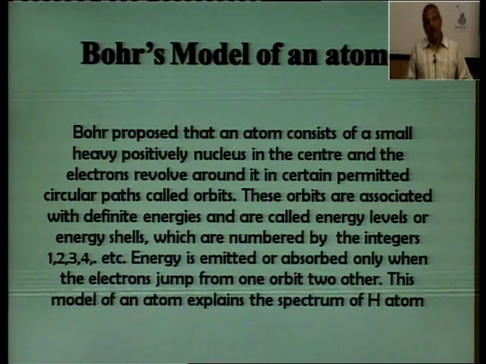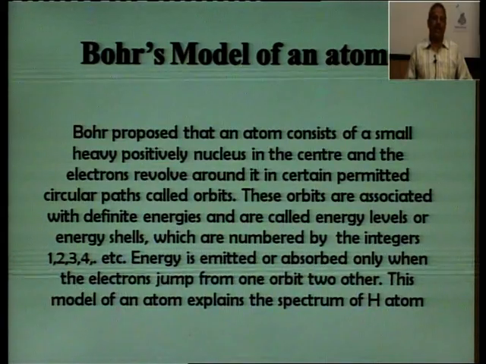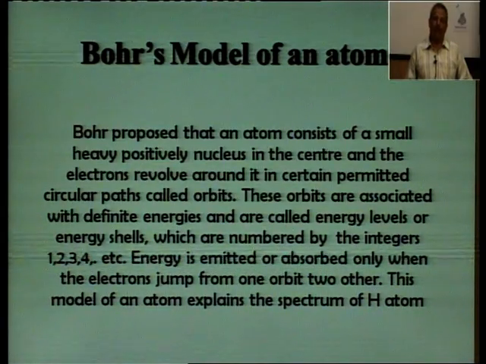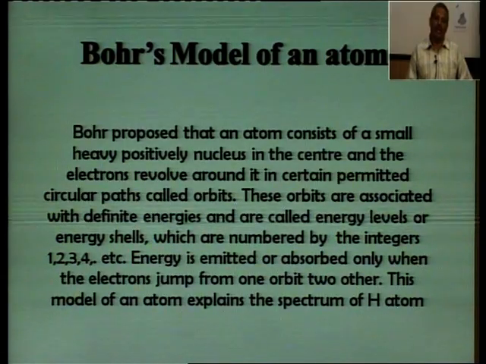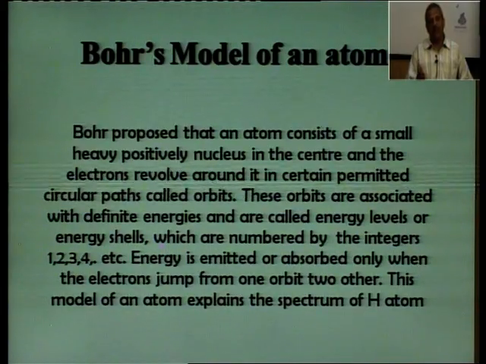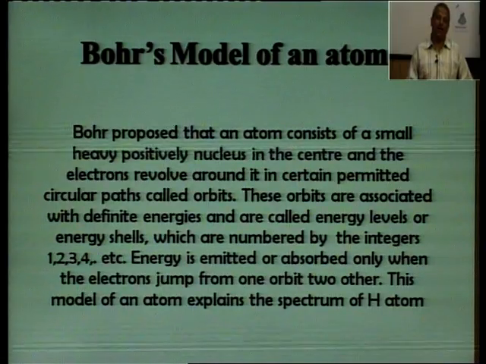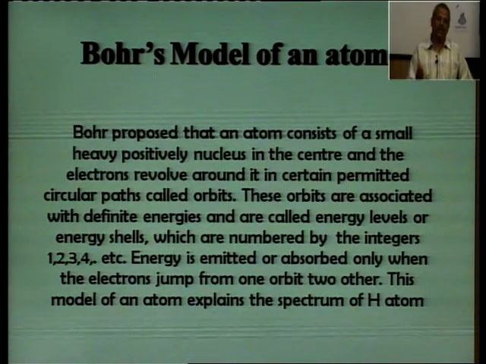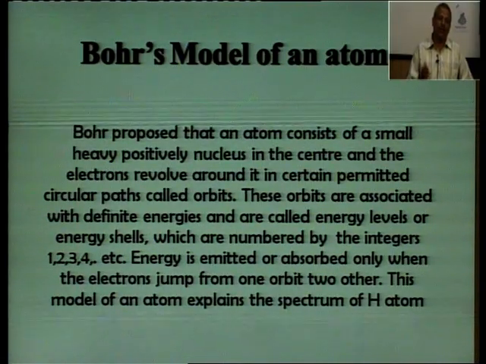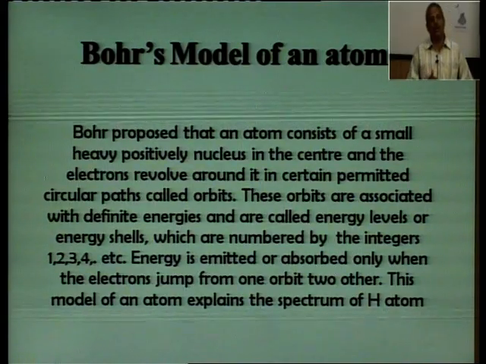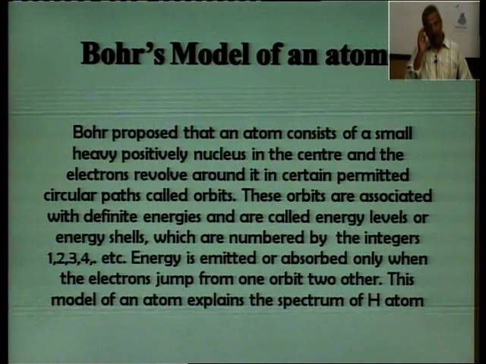Energy is emitted or absorbed only when the electrons jump from one orbit to another. So if an electron absorbs energy, it shifts to the second or third orbit, and if it loses energy, then it shifts from the third or fourth level to the second or first permitted orbit.